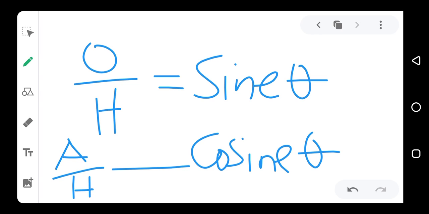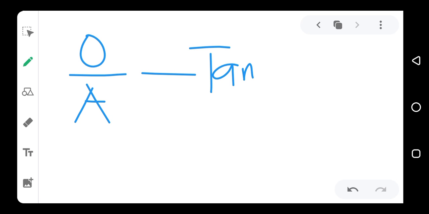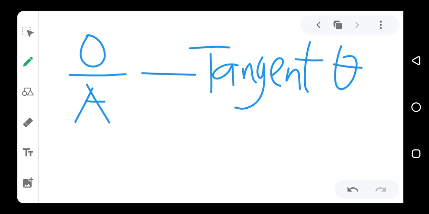Now let's look at some examples. We say that when we divide opposite with adjacent, it gives us what we call tangent theta.